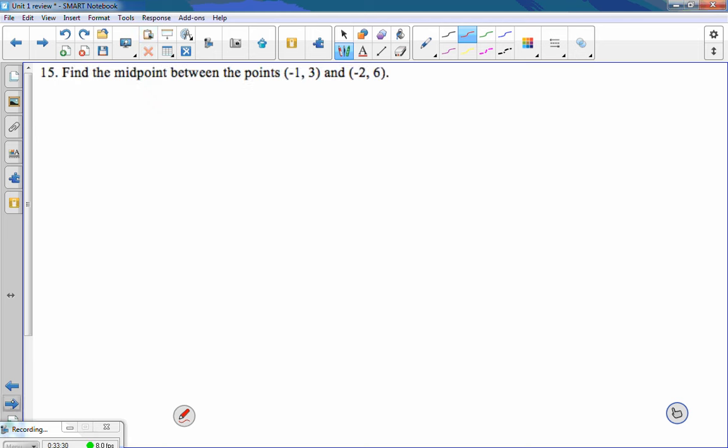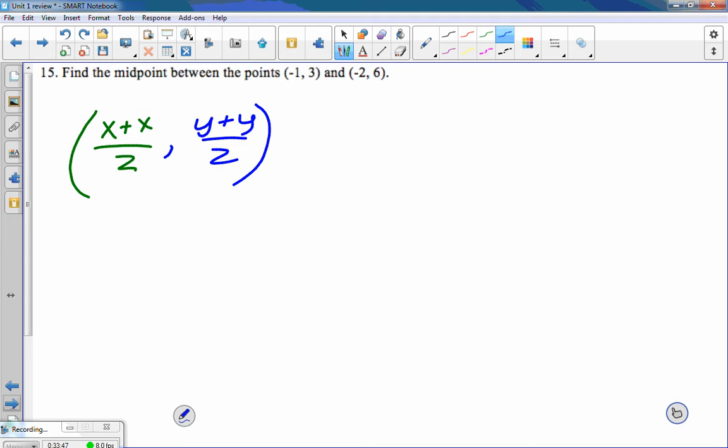All right, midpoint. What is the formula for midpoint? X plus X divided by 2 and Y plus Y divided by 2. Y'all, we got to get this done.